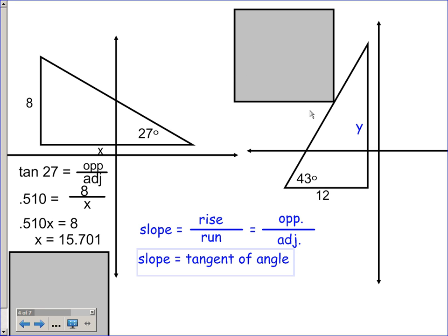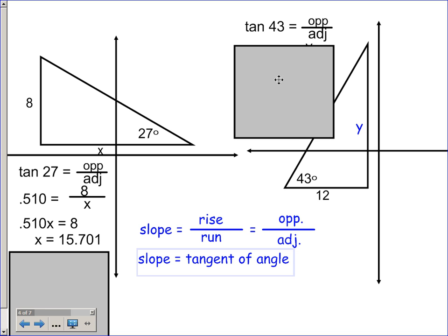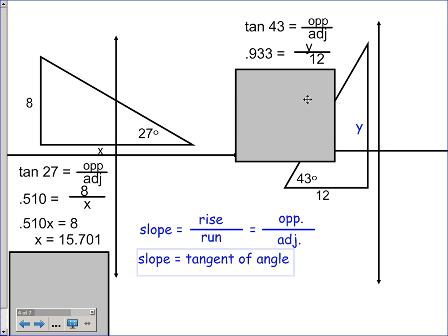Over here, going through that, I know I have the opposite that I'm trying to find. I have the adjacent that I know, and so that tells me I'm using the tangent of this 43-degree angle. Tangent of 43 would be opposite over adjacent. From the calculator, rounded to the nearest thousandth, tangent of 43 is 0.933, approximately.